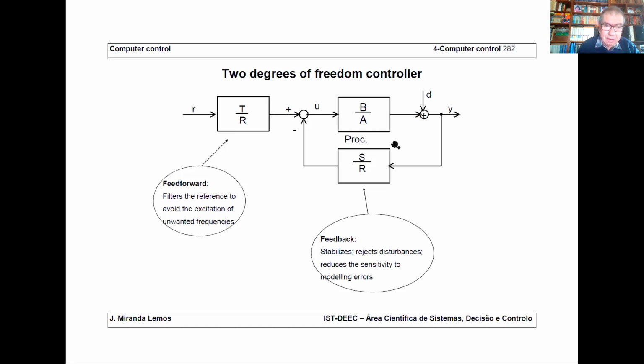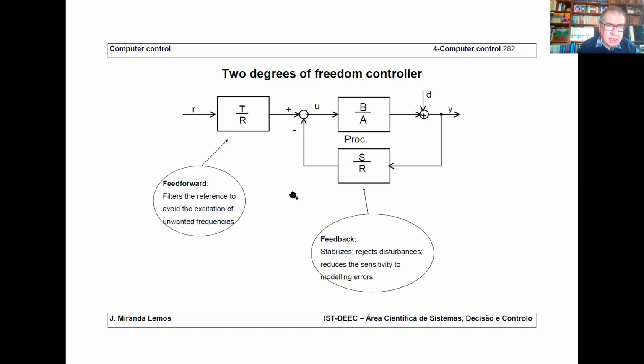Okay, so the line of defenders is S divided by R, and this number 6 player is T divided by R, is in front, making the first line of defense. And the idea is that by including this term, you can improve your performance.